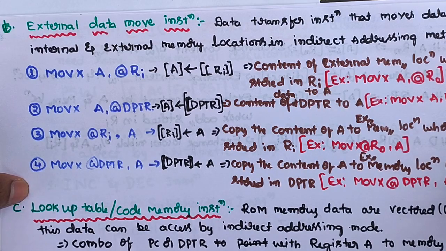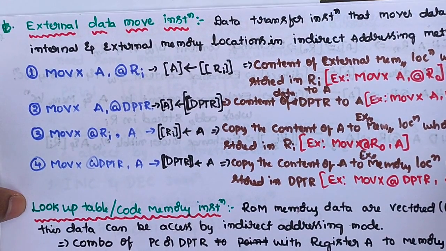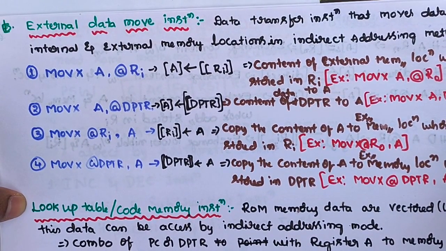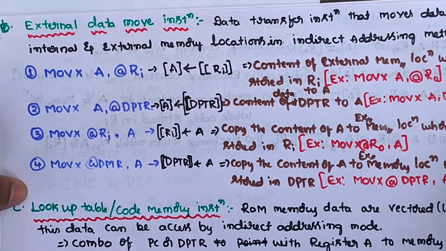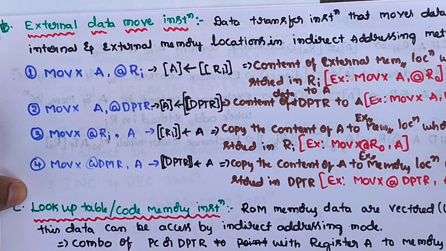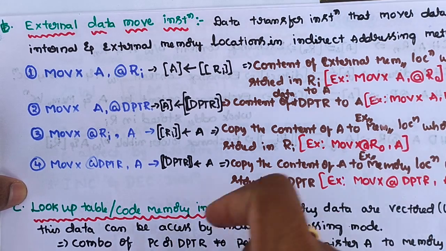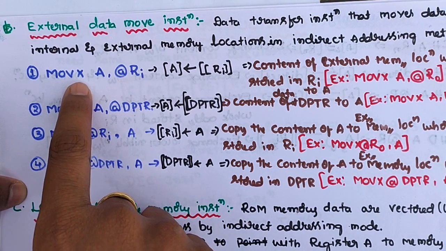And external move instructions are data transfer instructions that move data between internal and external memory locations, in indirect addressing mode. For this operation we are using the instruction MOVX.